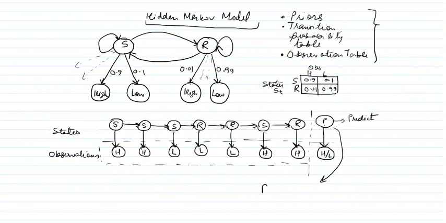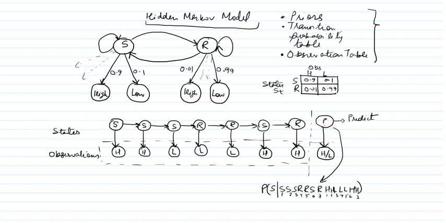I need to calculate P of sunny given S S S R R S R, H H L L L H, right? So this is day 1, day 2, day 3, day 4, day 5, day 6, day 7, and again day 1 to day 7 for the observations. So now the things have become more complex. Alright.